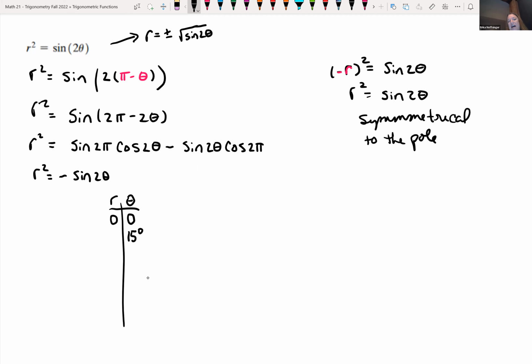Square root of 1/2 is root 2 over 2. Root 2 over 2, I believe was 0.7, but let me just check it again. Yeah, so plus or minus 0.7.